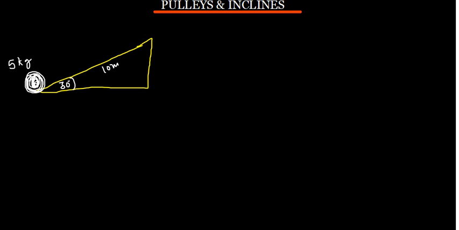Now let's say before it finishes, when it reaches here, it has not yet stopped moving. So I want to find the velocity at this position. Since it has got a velocity, it has got kinetic energy.